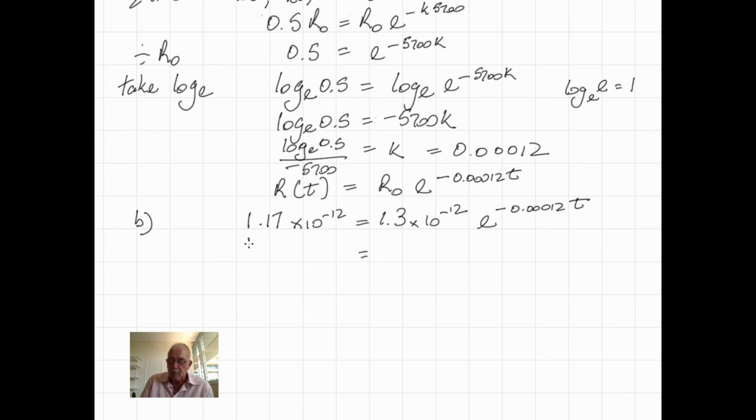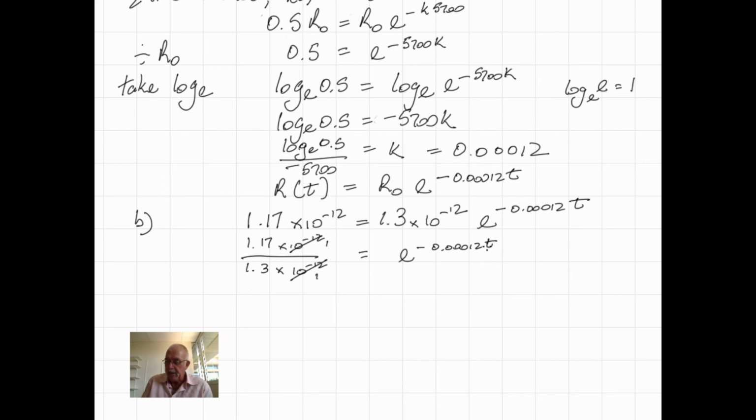So we've got 1.17 times 10 to the minus 12, dividing both sides by 1.3 times 10 to the minus 12, so 1.17 over 1.3 equals e to the minus 0.00012 t. We can cancel these. They'll go into each other once. And so we've just got that.